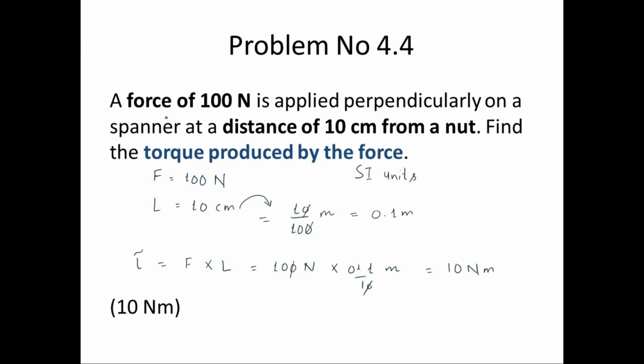When a force of 100 Newton is applied by the spanner on a nut from a 10 cm distance, it will tighten the nut with a torque of 10 Newton meter. To loosen this nut, you have to use the same torque.